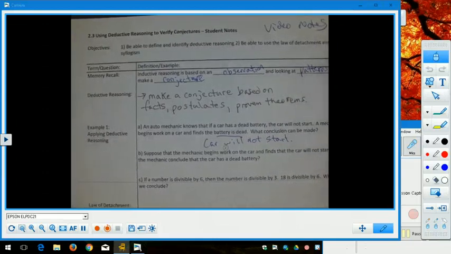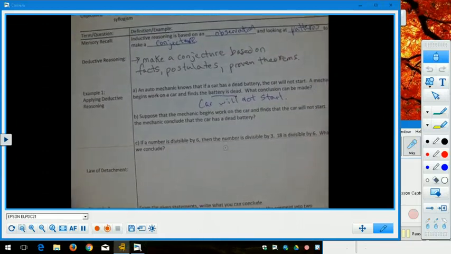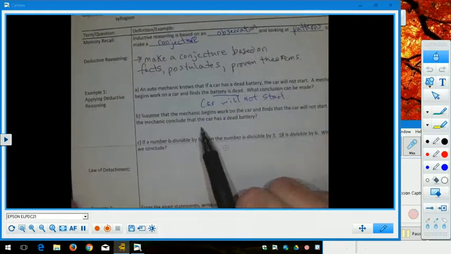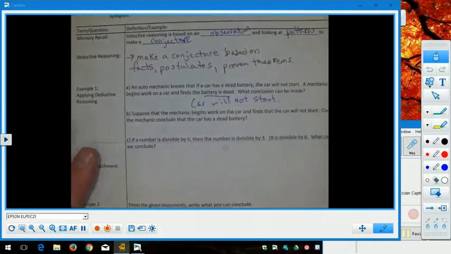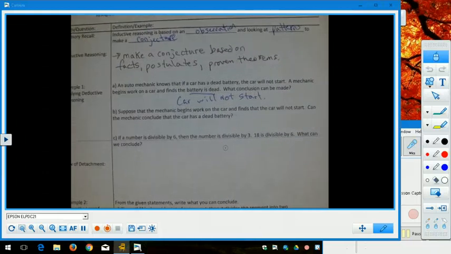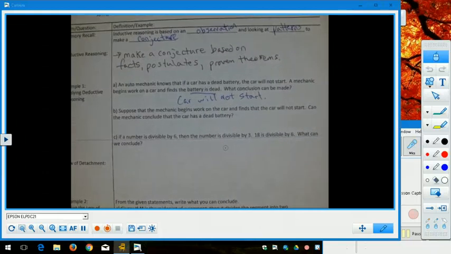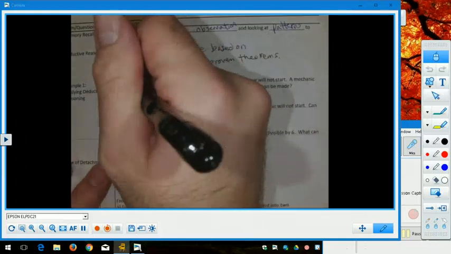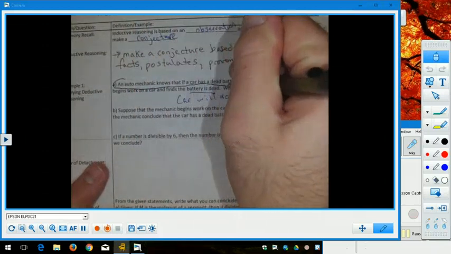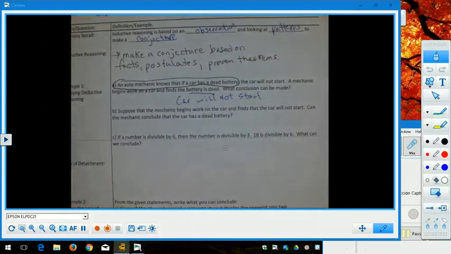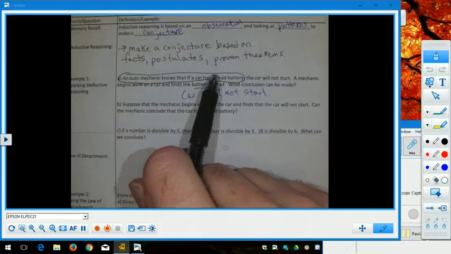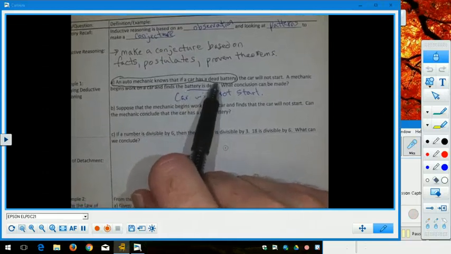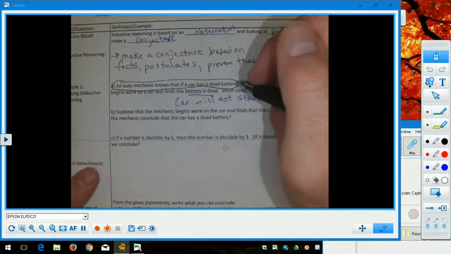Letter B, suppose the mechanic begins work on the car and finds that the car will not start. Can the mechanic conclude that the car has a dead battery? Well, not necessarily. This is what's known as converse error, and we haven't really talked about that yet. They know that with a dead battery, you don't have any power, you're not going to be able to start the car.